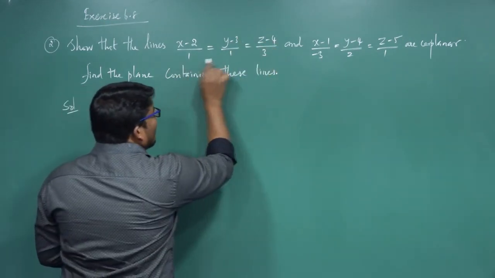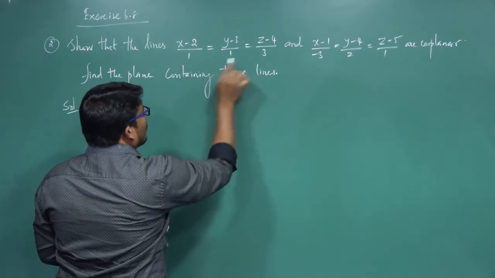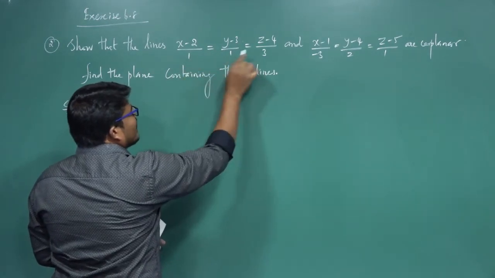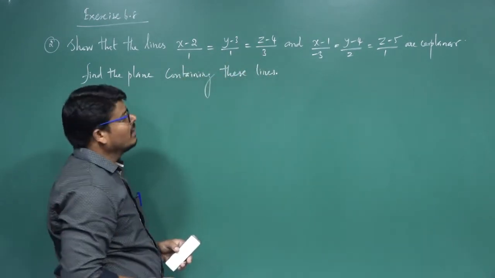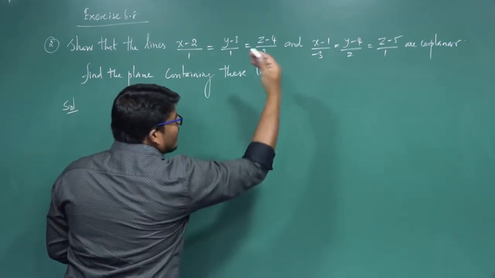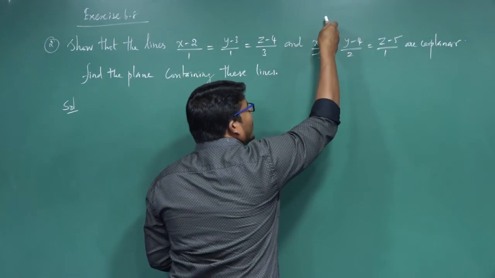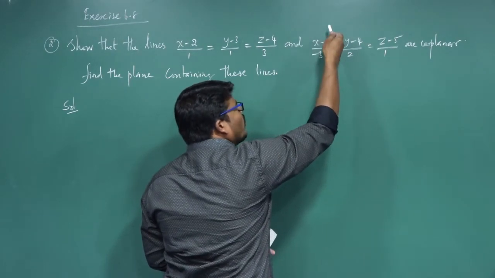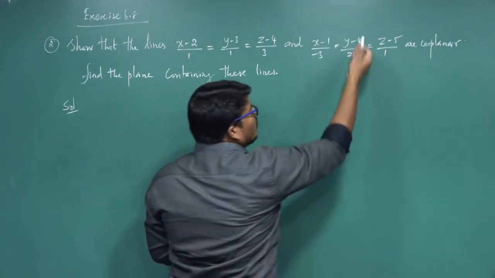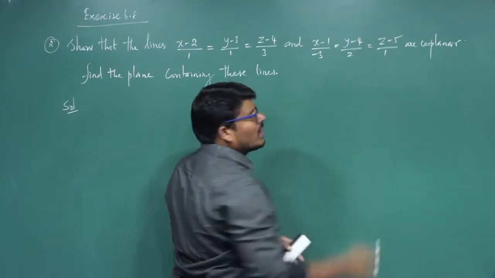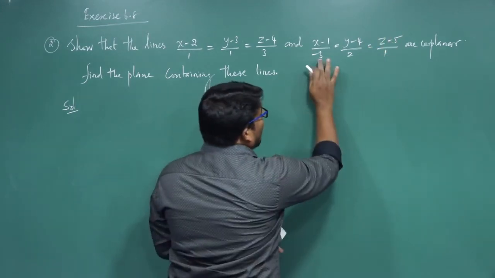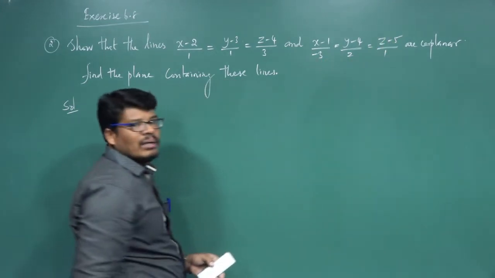The direction vector b is 1, 1, 3, that is i vector plus j vector plus 3k vector, the parallel direction. The second line has the same form: the point x2 is 1, y2 is 4, z2 is 5, and the direction ratios are minus 3, 2, 1.